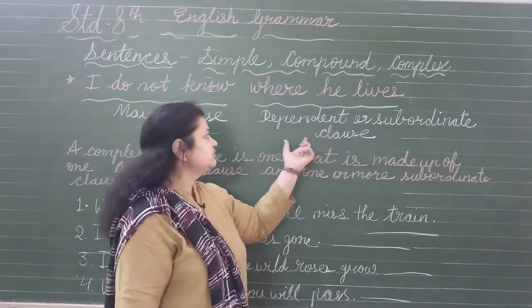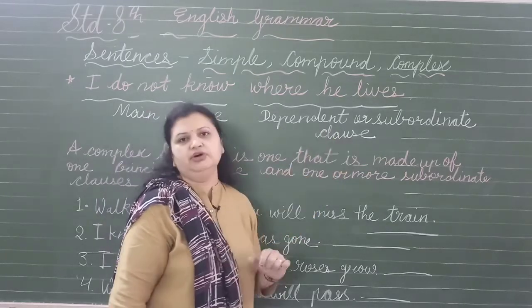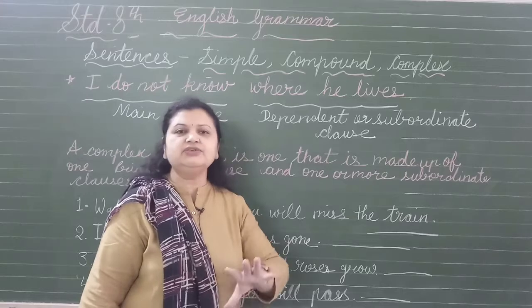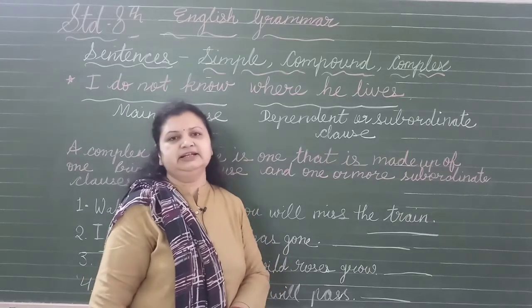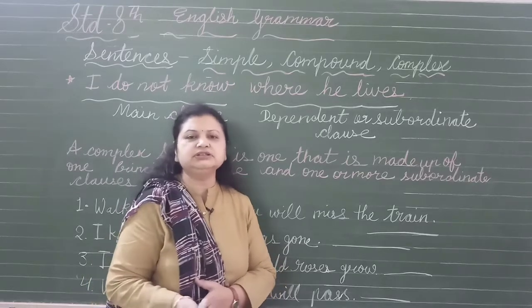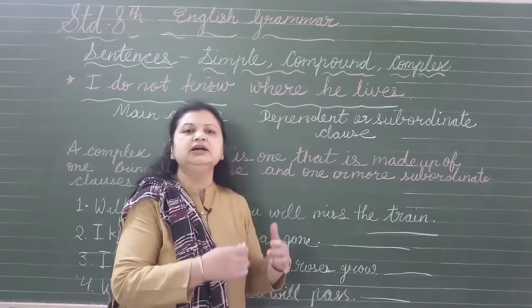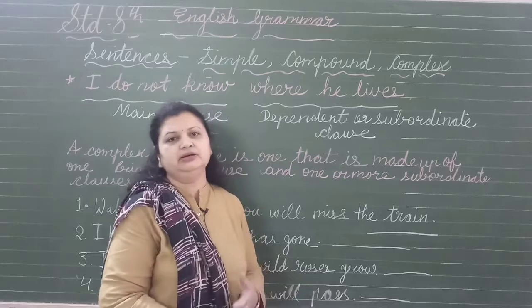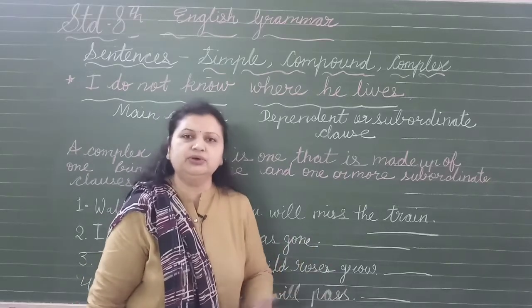It is called a dependent or subordinate clause, and that is how you can identify a complex sentence: in a complex sentence one will be the principal clause and the other will be the subordinate or dependent clause, and there can be more than one or two.